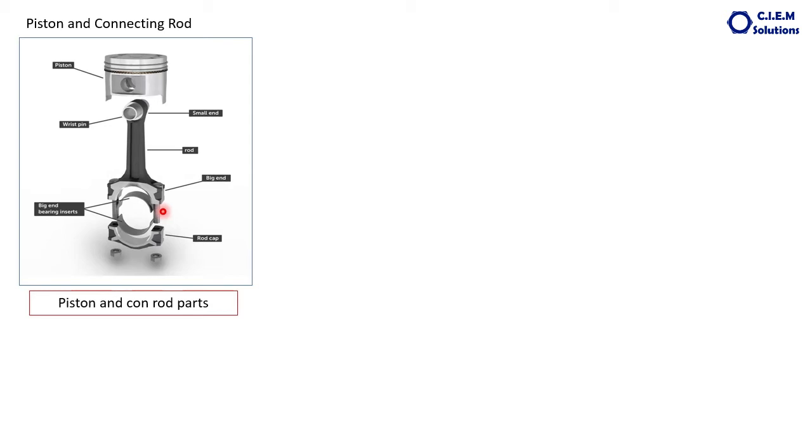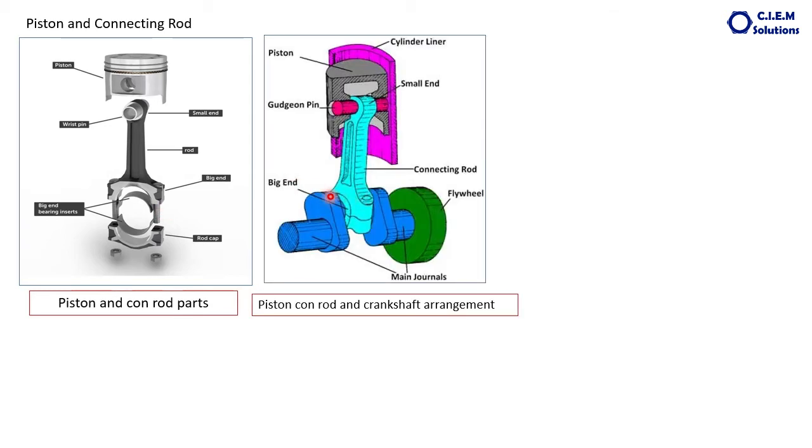In the internal combustion engine, when you assemble it to the crankshaft, it looks like this inside the cylinder. See what happens in the internal combustion engine. When the combustion takes place, the chemical energy from the fuel and oxygen converts into thermal energy, and that thermal energy creates thrust on this piston, which makes the piston move downwards.